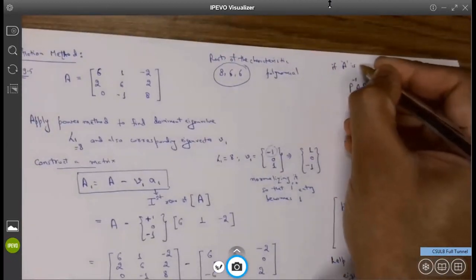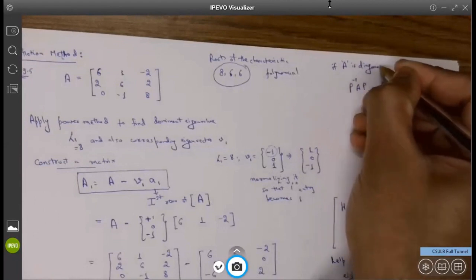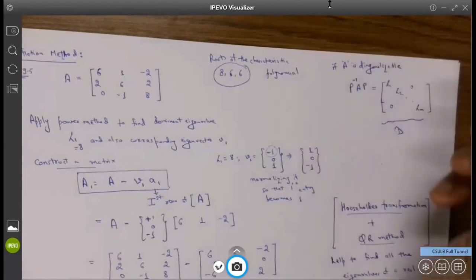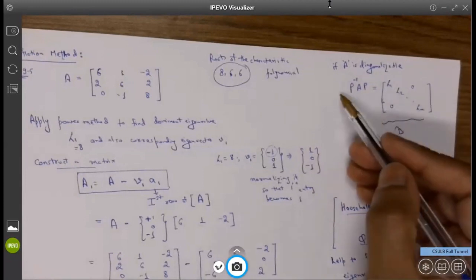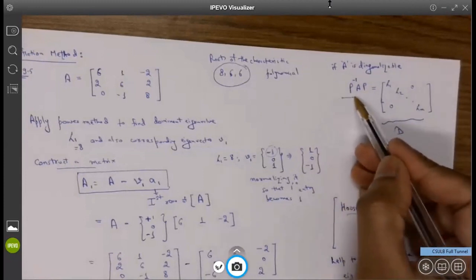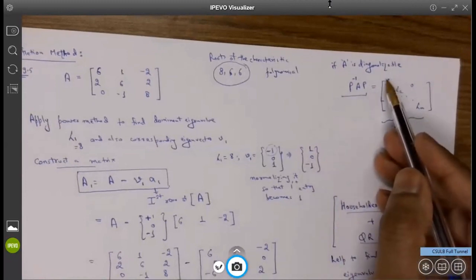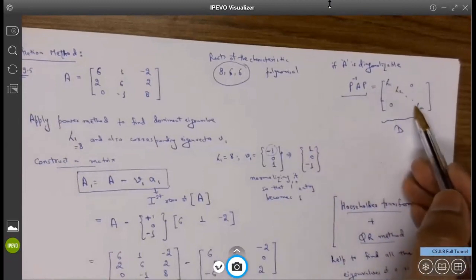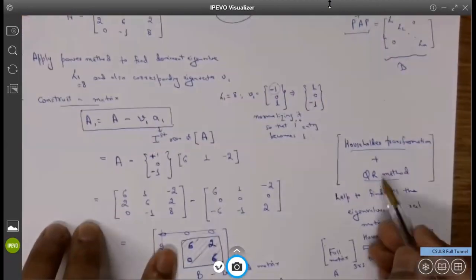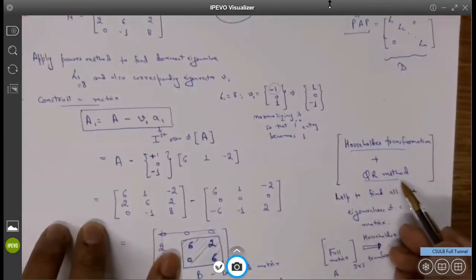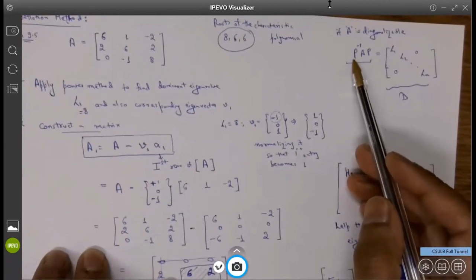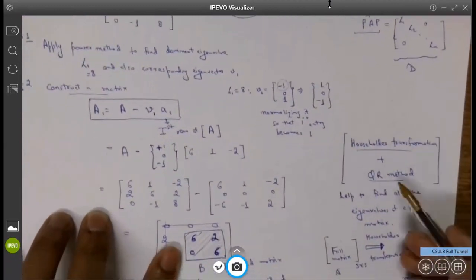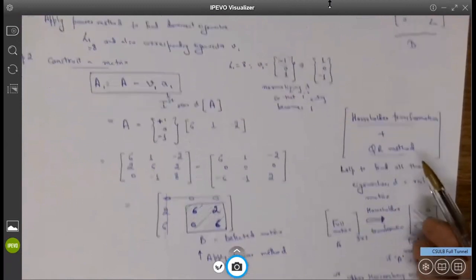Yes. If A is diagonalizable, that means I have got P using the linearly independent eigenvectors. I do this matrix multiplication and I end up with a matrix where all the eigenvalues are in diagonal form. So the QR method does a similar matrix multiplication, where instead of multiplying with P, it has some specific matrix.